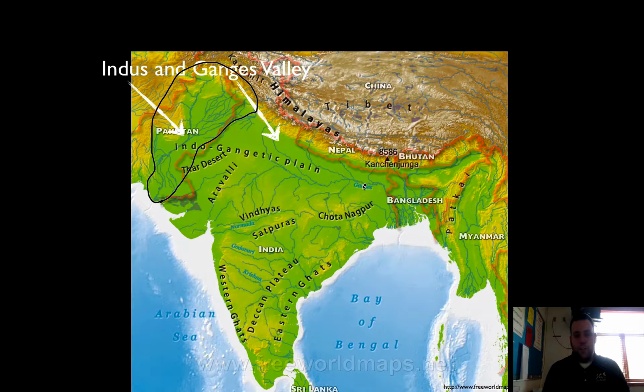Again, you can see it's right here, but it goes into modern day Bangladesh. It's all these tributaries and these main rivers that flow into it. So this is a very big area, very large areas of land we're talking about here.